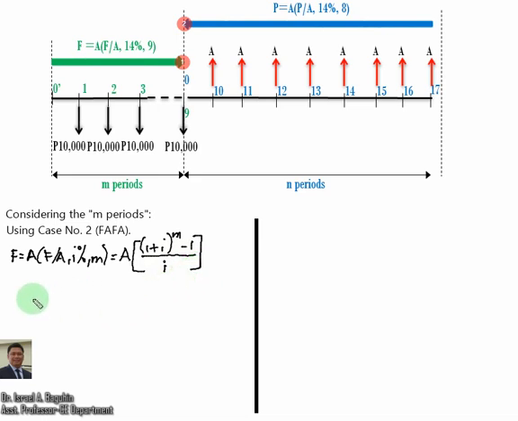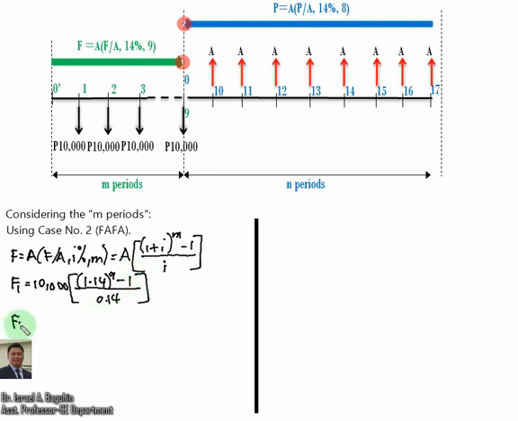So substituting the values, since we are after this point 1, we denote this F as our F1, equal to this annuity of 10,000 times our I is 14%, so 1.14 raised to the M, which is 9, minus 1, all over our I, which is 0.14.